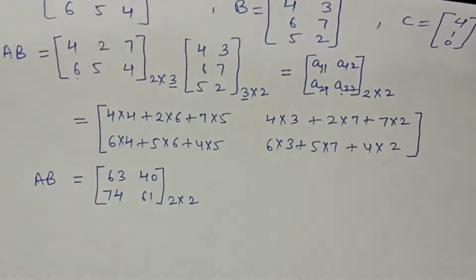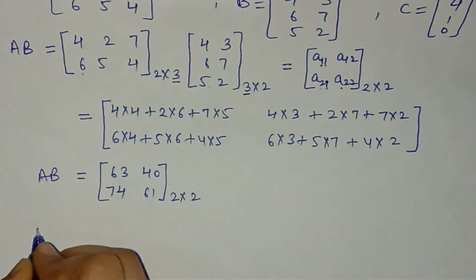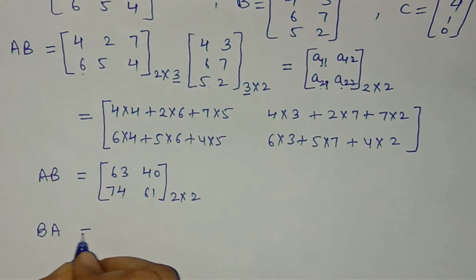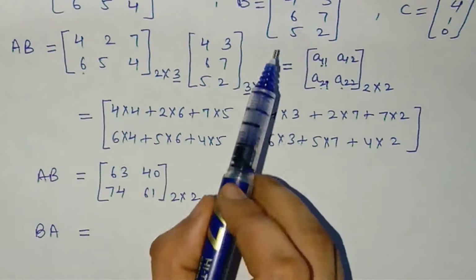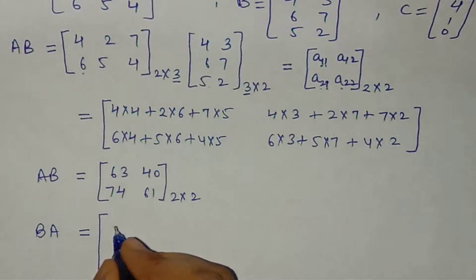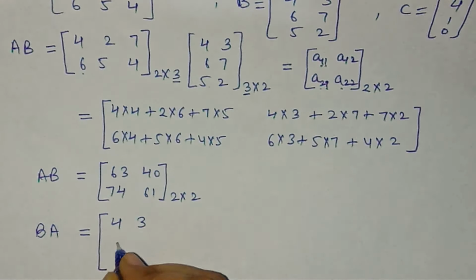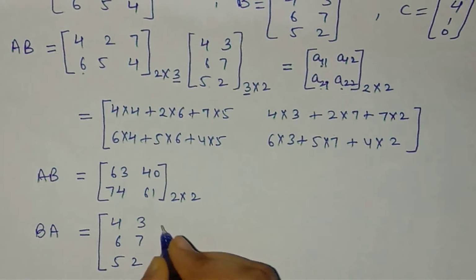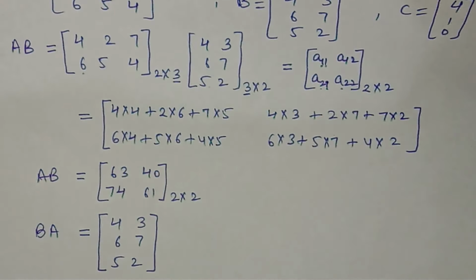Now, taking the next multiplication, whether it is possible to calculate B into A. In case of B into A, my first matrix now is matrix B, which is 4, 3, 6, 7, 5, 2. And this matrix is of order 3 by 2.